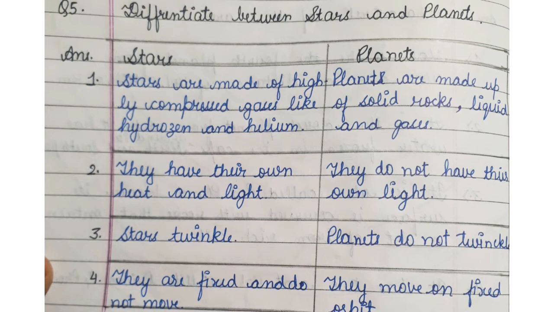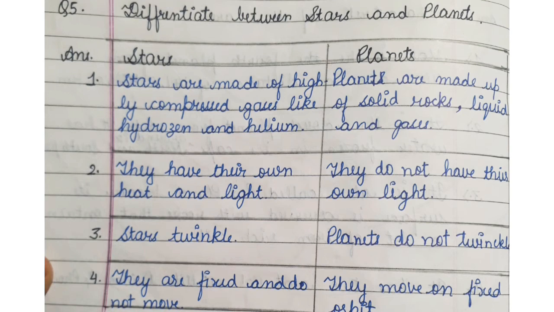Second point, stars have their own heat and light, but the planets do not have their own heat and light. Third, the stars twinkle but planets do not twinkle, and stars are fixed and do not move, but planets move on their fixed orbit. So these are the 4 differences that we can write between the stars and the planets.